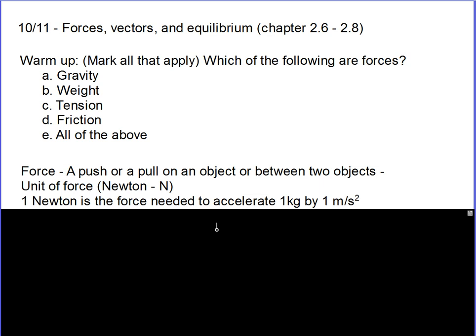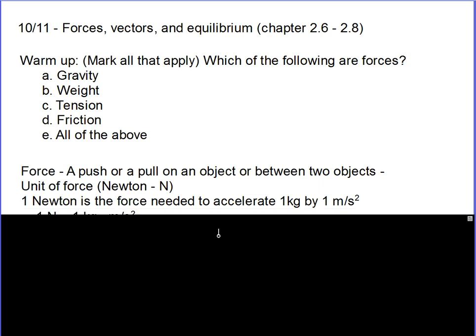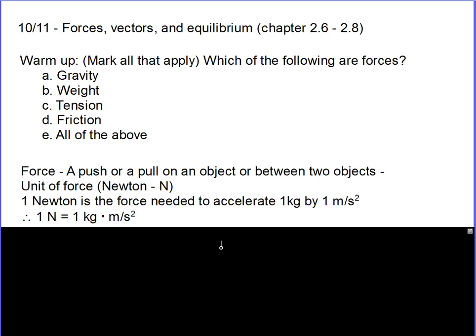And in class I'll pass around a kilogram so you can see what that actually means. So 1 Newton, therefore, and this little dotted triangle, if you've taken geometry, you know means therefore. Therefore, 1 Newton equals 1 kilogram times meters per second squared, or a kilogram meter per second squared is a Newton.